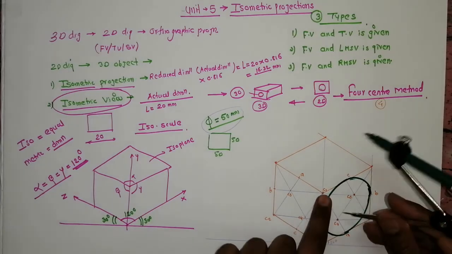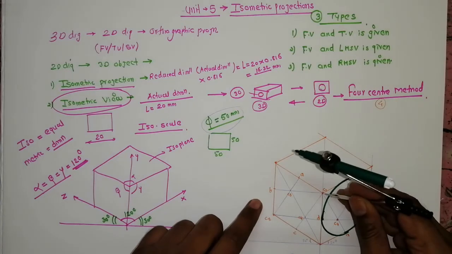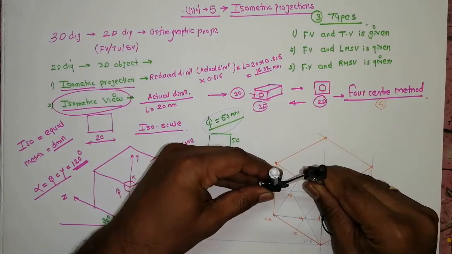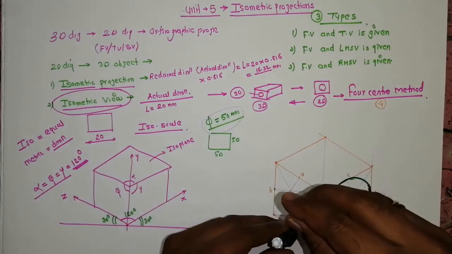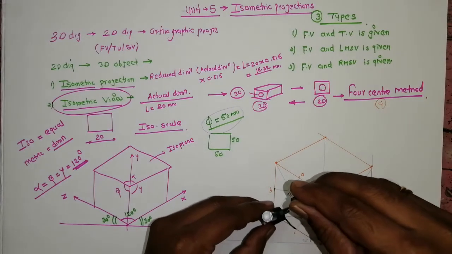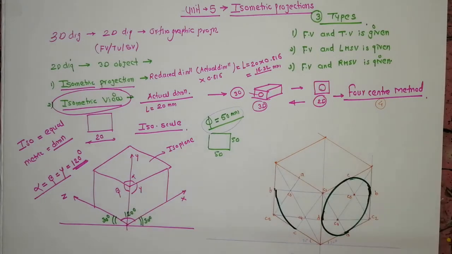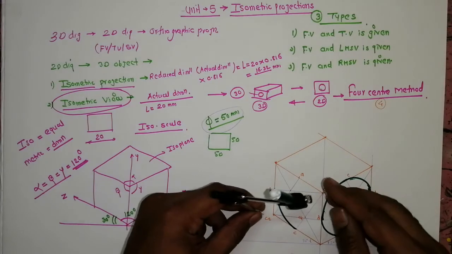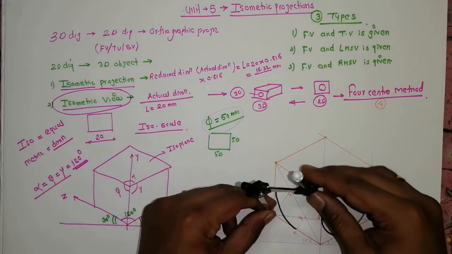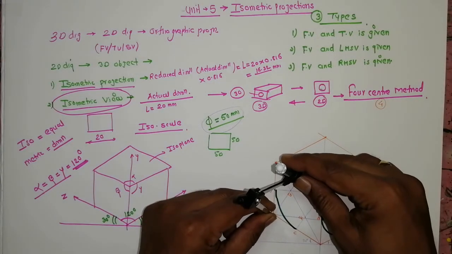Now use the centers. Now C1 center arc between B and C. From C2 arc between C, A and D, so A radius.